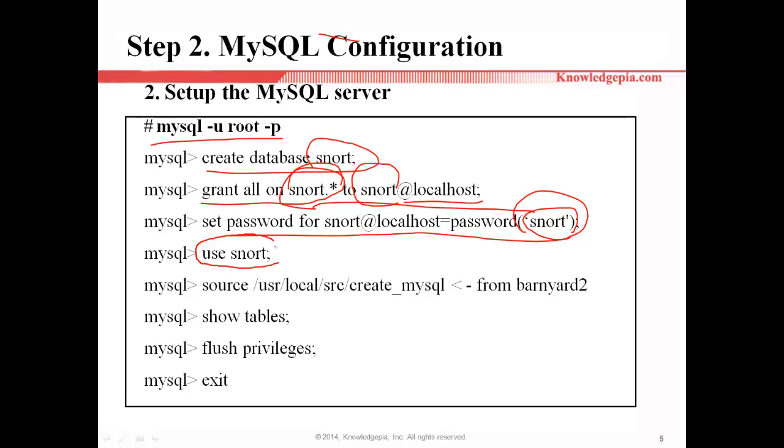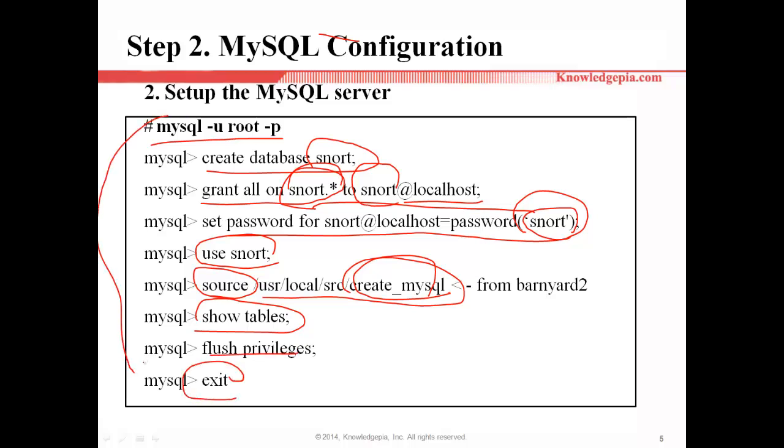Then go to the snort database and import the source file here, /usr/local/src/create_mysql. This file will create all the tables. After that, we can run show tables, flush privileges, and exit. Then we will complete the MySQL setup.